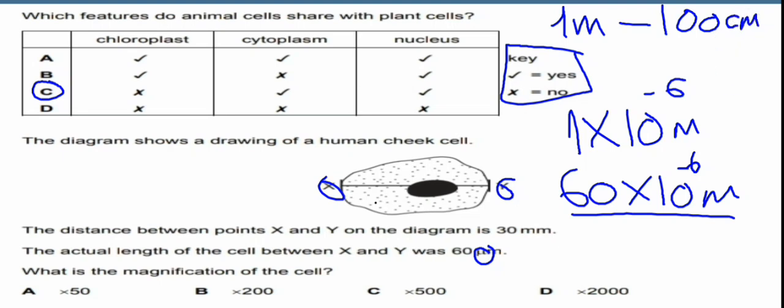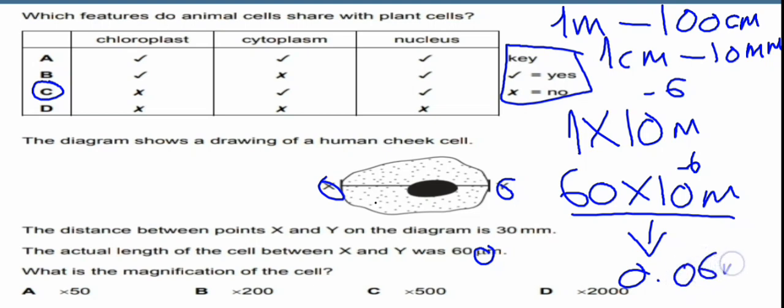Once you convert 60 multiplied by 10 to the power negative 6 meters into centimeters, you also need to convert it into millimeters using the conversion factor 1 centimeter is equivalent to 10 millimeters. Once you convert, you're going to find that 60 multiplied by 10 to the power negative 6 meters is the same as 0.06 millimeters.